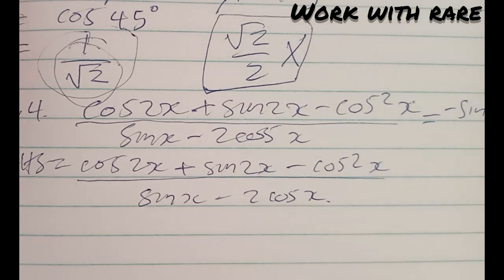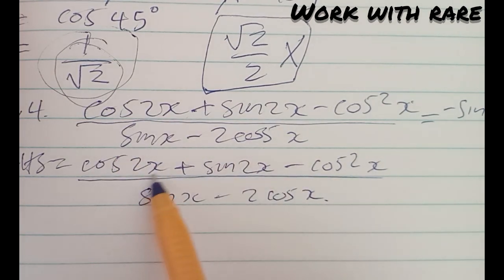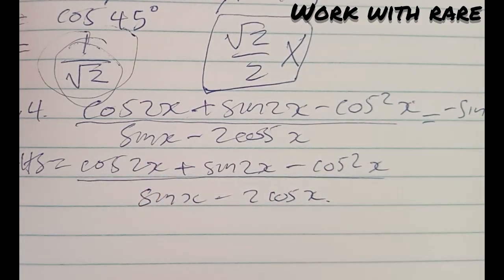First step, here I have cos 2x. Remember, cos 2x we can break in 3 ways. These are double angles. For cos 2x, we can use cos squared x minus sine squared x, or 2 cos squared x minus 1, or 1 minus 2 sine squared x.